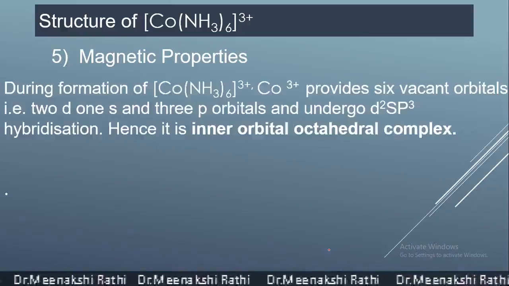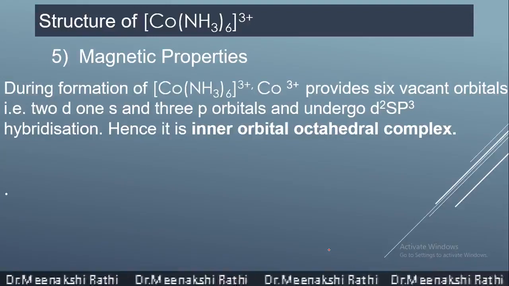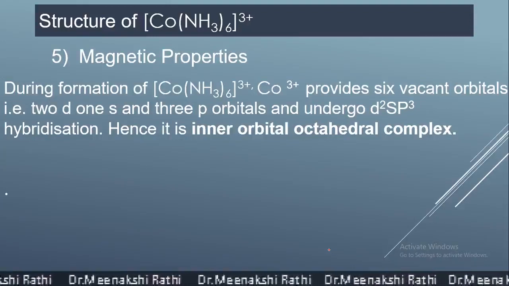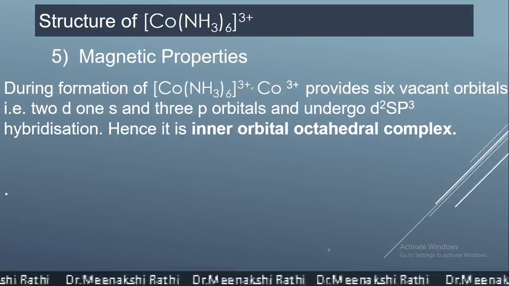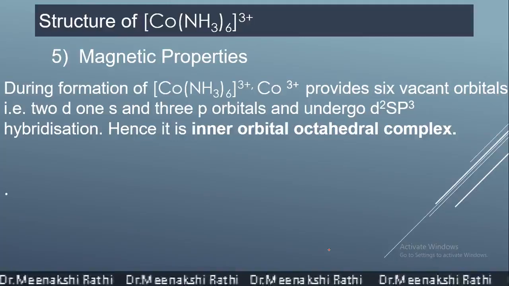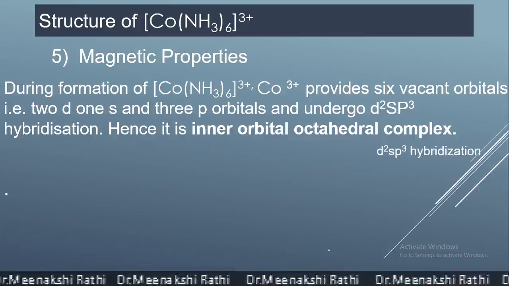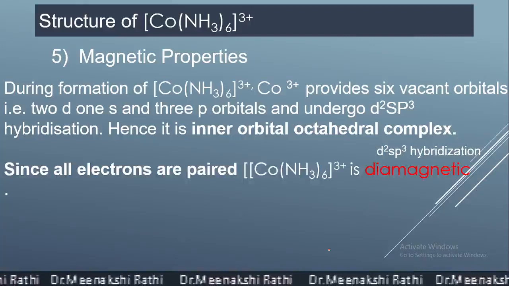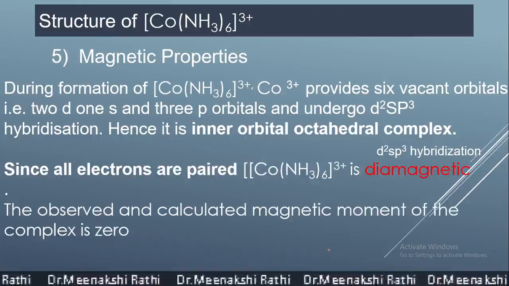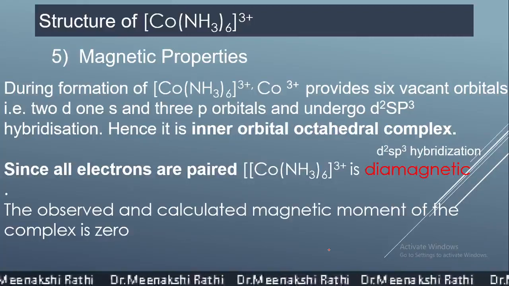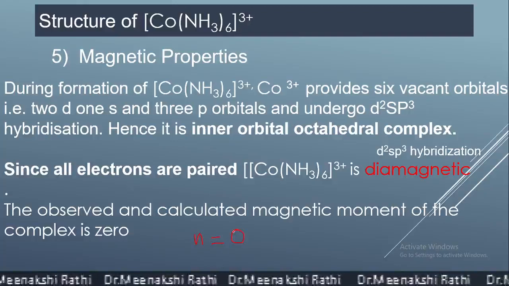In hexaamine cobalt, we just saw that during formation of the complex, Co3+ provides 6 vacant orbitals, that is 2d, 1s and 3p orbitals, and undergoes d2sp3 hybridization. Hence, it is an inner orbital octahedral complex. Since all electrons are paired, hexaamine cobalt is diamagnetic in nature, and the observed and calculated magnetic moment of this complex is 0, as the number of unpaired electrons is 0.